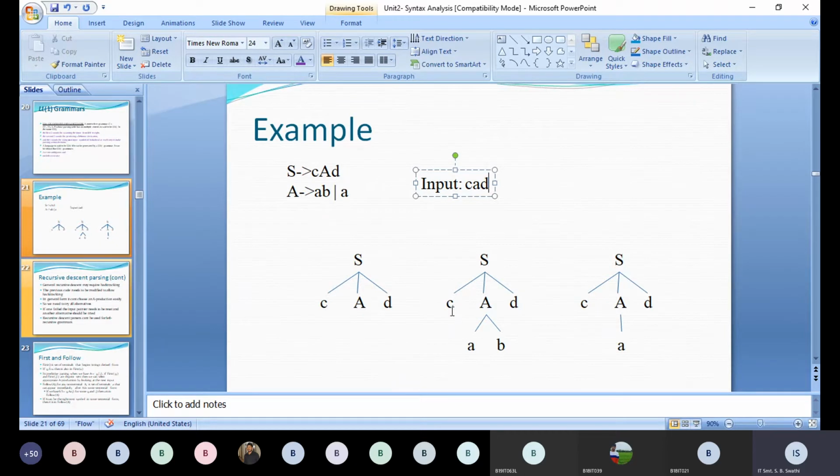If you take anti-clockwise, the string is CABD. Which direction should we follow? Anti-clockwise. Anti-clockwise direction should be followed in the syntax trees. Never use clockwise direction. For any input, the procedure is that we should follow the anti-clockwise direction. So the string generated here is CABD, which is not matching our input string.